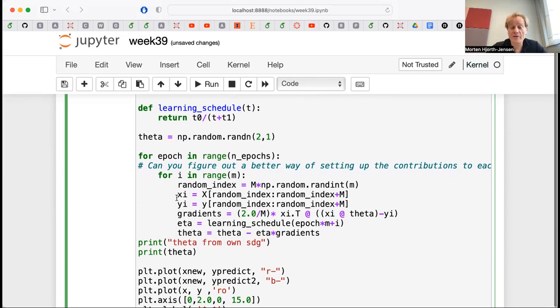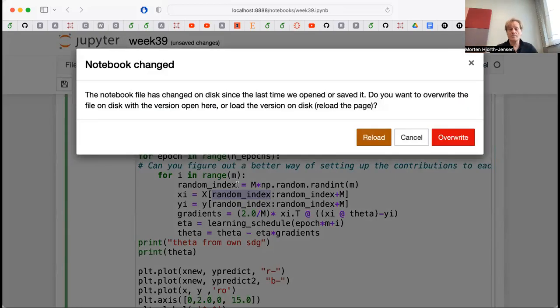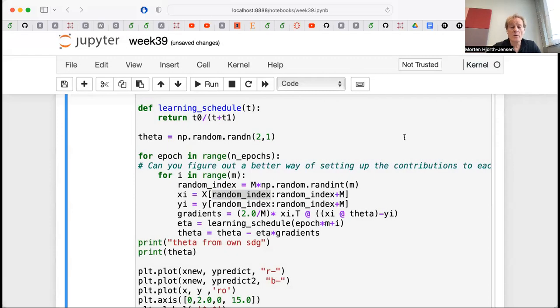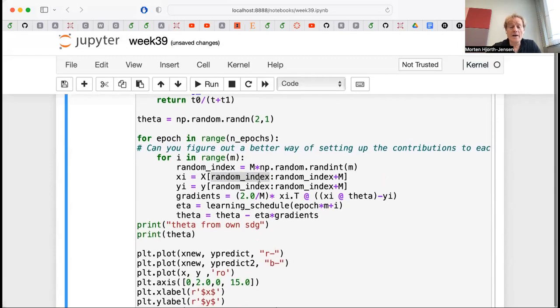I find the value of x_i and y_i in this small region. So my random index starts here and it goes to random index plus m. Keep in mind that I picked my random index randomly in my data set. And with that, I'm now finding the x values and the y values.